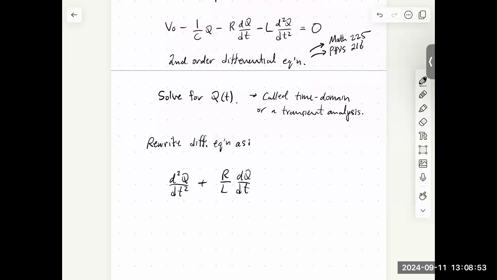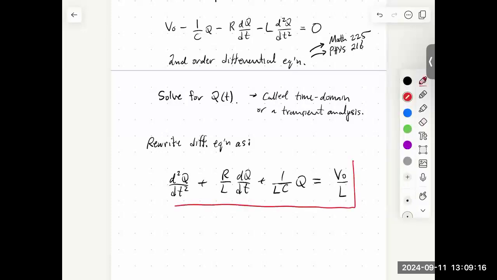And then we have a plus 1 over C, but then we still have to divide by L. So it would be 1 over LC, and then Q. And then I'll leave the V naught on the original side because it's already positive. We just have to divide by L. So it's V naught over L. Okay, and I'm going to give this equation a label. I'm going to call it A because we're going to come back to it.